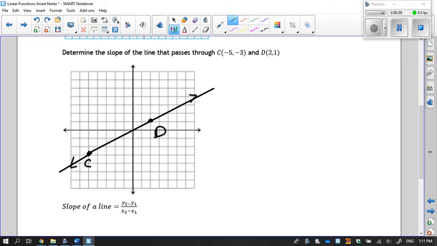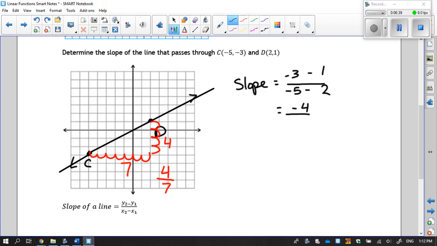So if we count this out, this should be 1, 2, 3, 4, 5, 6, 7, and 1, 2, 3, 4. So we know the slope should be 4 over 7, but let's confirm that using algebra. So our slope is equal to -3 minus -5 over 1 minus 2, which is -4 over -7, which is equal to 4 over 7.